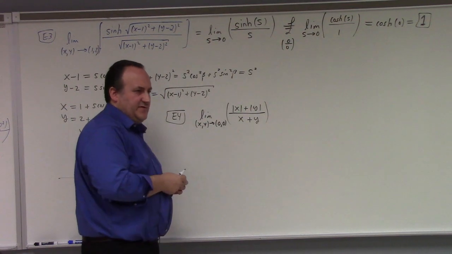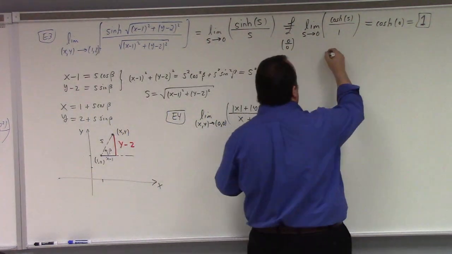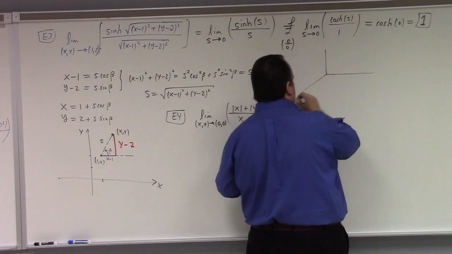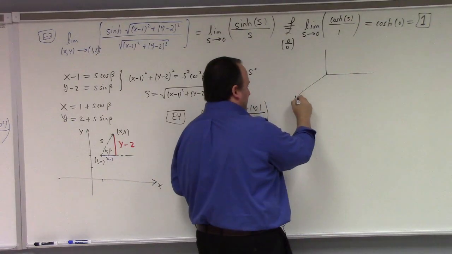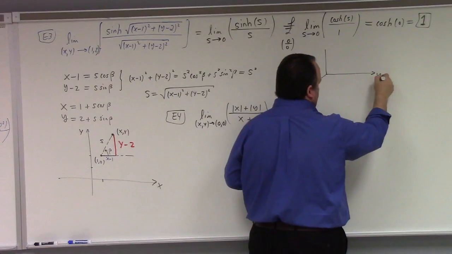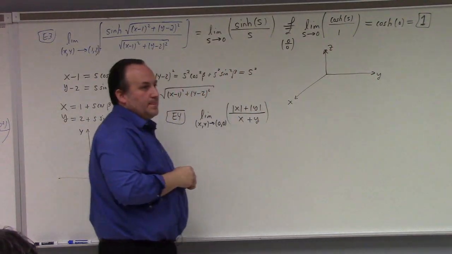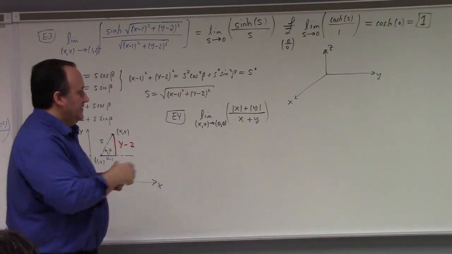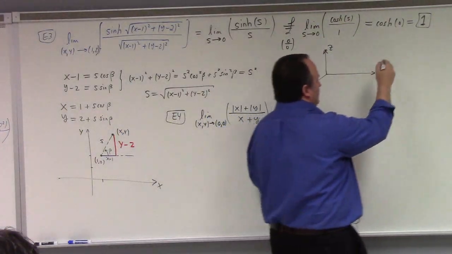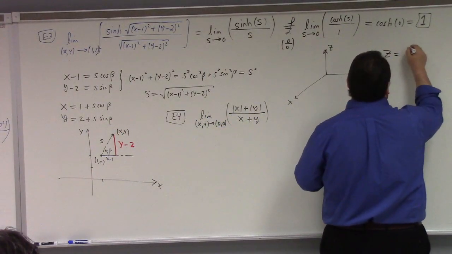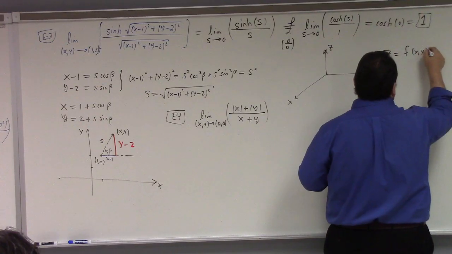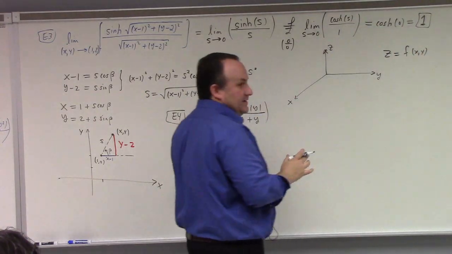Let's try to graph this for a second. I like what you're saying. Graphing it's kind of hard, but if this is x, let's see what we're up against. You're asking good questions. Why is this 3D? Because we're thinking about z equals f of (x,y) in order to understand this limit graphically.